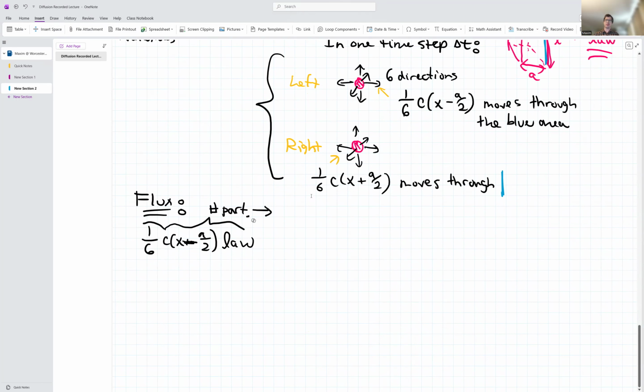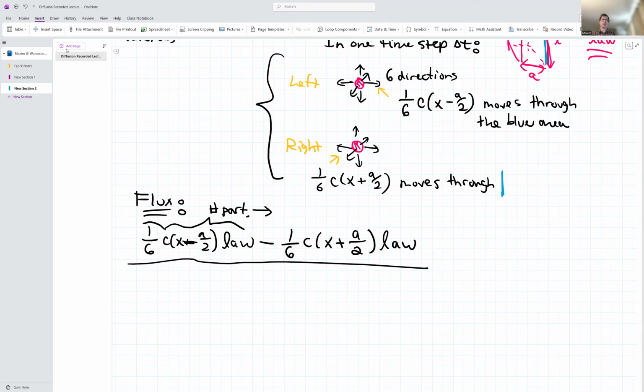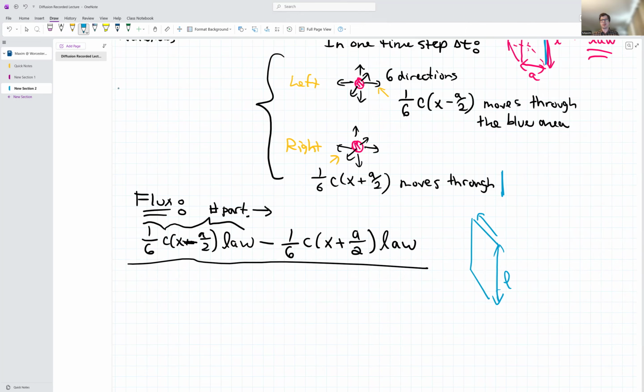Then we have particles moving in the opposite direction from the right block. So it's minus 1/6 times C at x plus A over 2, and it's again LAW. And then it's the flux per unit area. The area of the blue block is what? We know the length of it is just this L, and then the width of it is this W that we assigned.